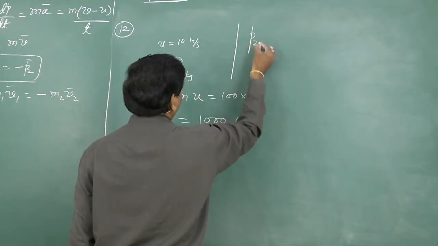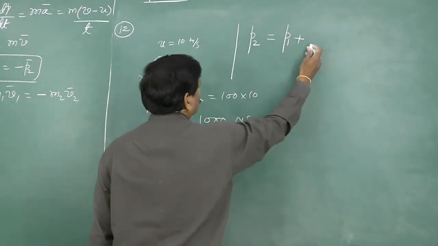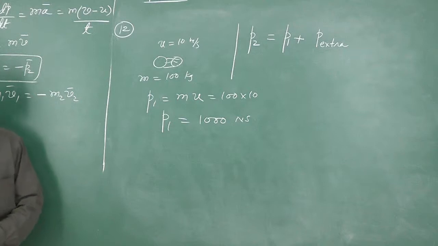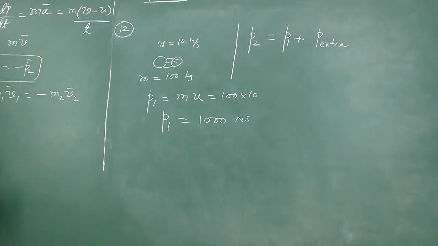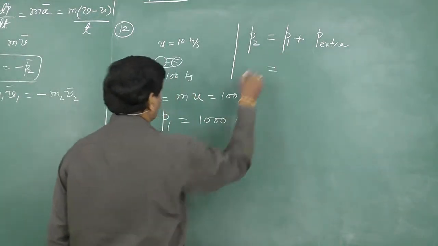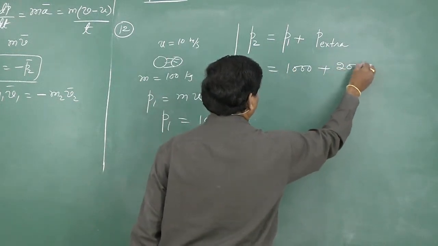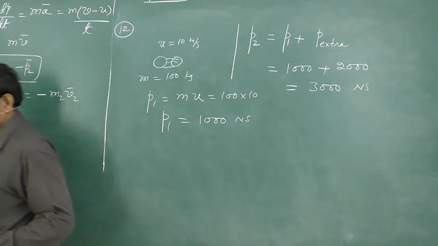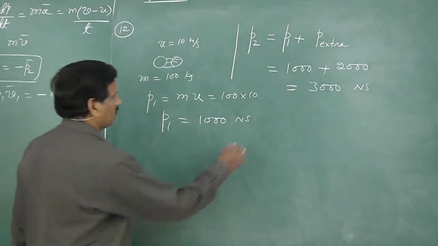So the final momentum P2 is equal to initial momentum P1 plus extra momentum. So 1000 plus 2000 Newton second, then the final momentum becomes 3000 Newton second. So we have to calculate the new velocity of the motor cycle.